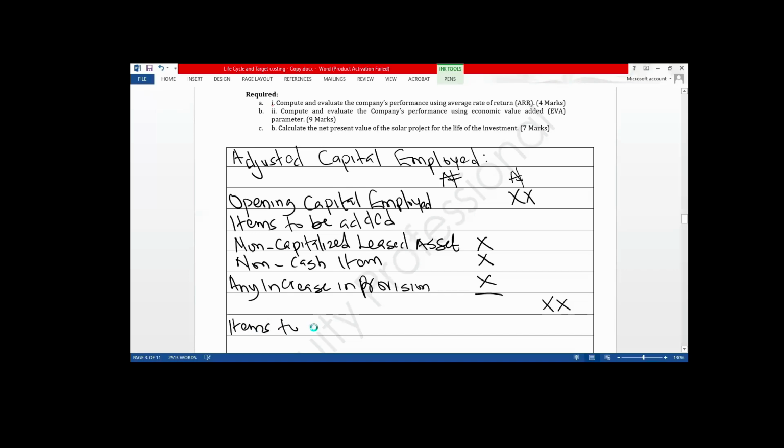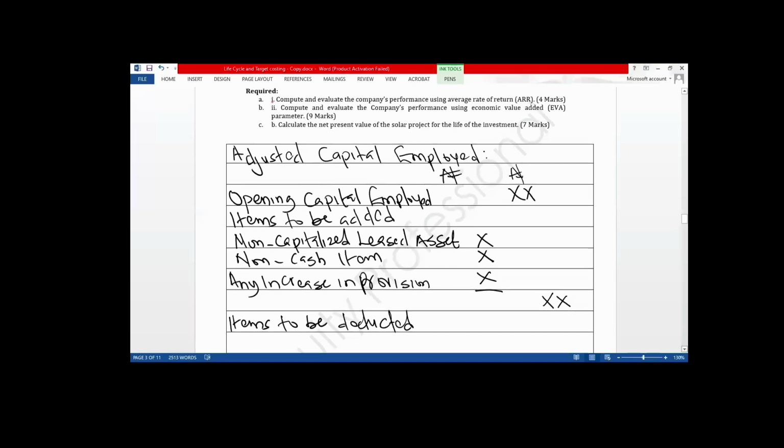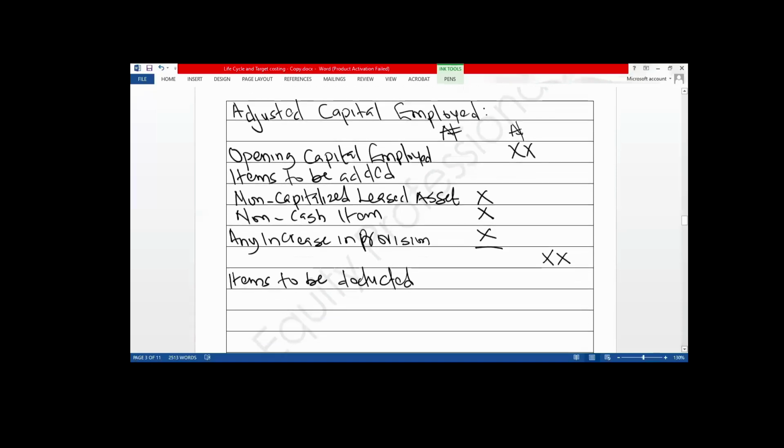Items to be deducted: any decrease in provision. This should be deducted.